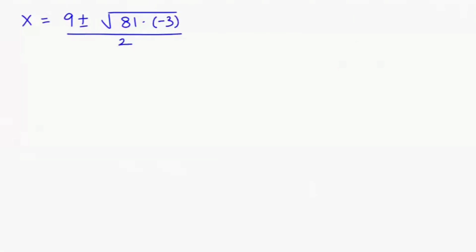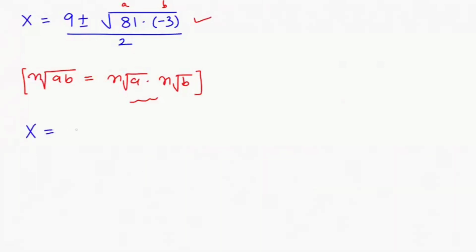Now I'm going to apply the radical rule: root of a times b can be written as root of a times root of b. So here we have a and this is our b value. So I'm going to write x equals 9 plus or minus root of 81 times root of negative 3 over 2.